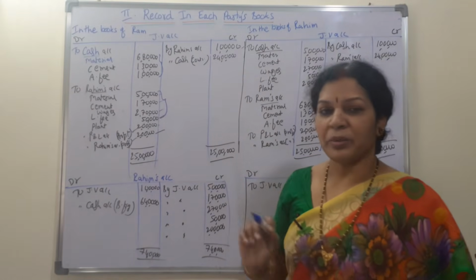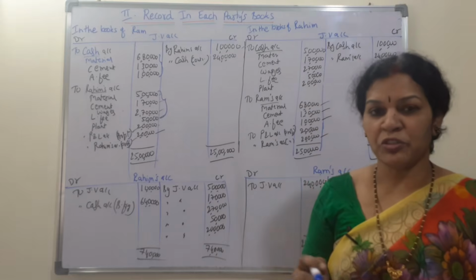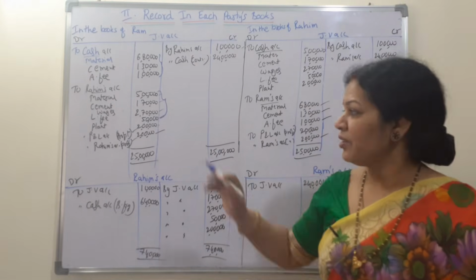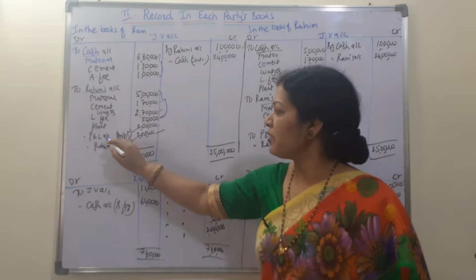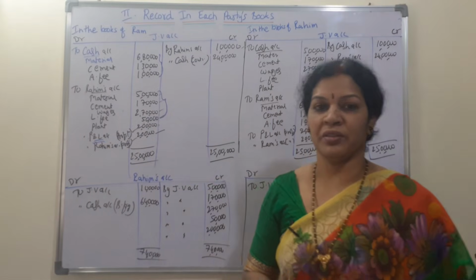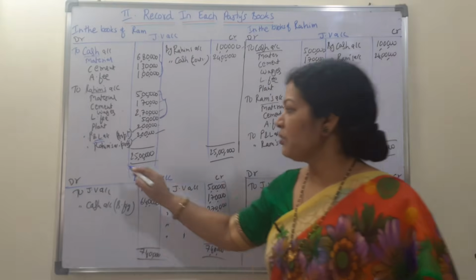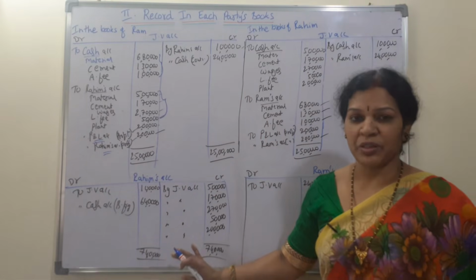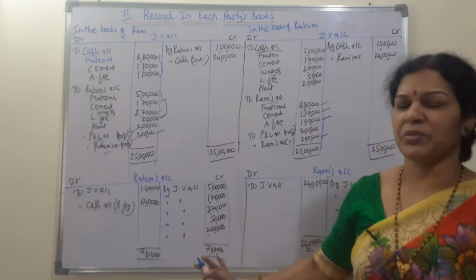Now lastly you got a profit of 4 lakh. 4 lakh I was distributing to both the partners, both the co-venturers equally. So if it is related to Ram, you are saying profit and loss account. Now Raheem's profit, you will say Raheem's account. In the same way, open the Raheem's account.